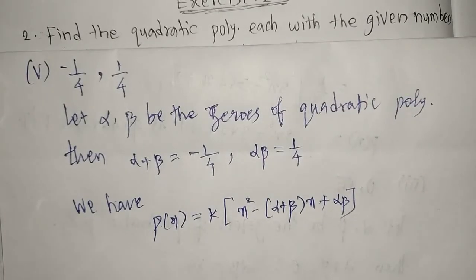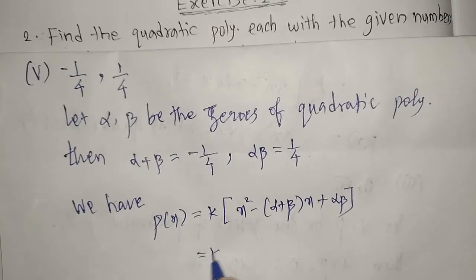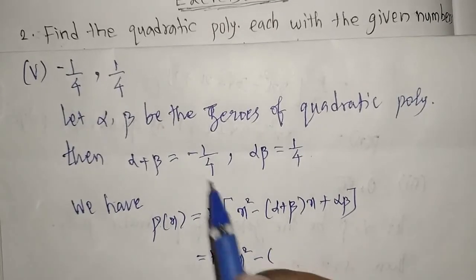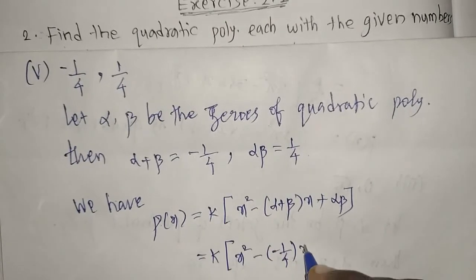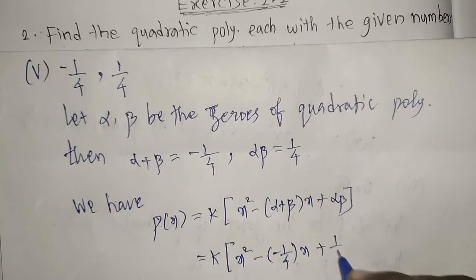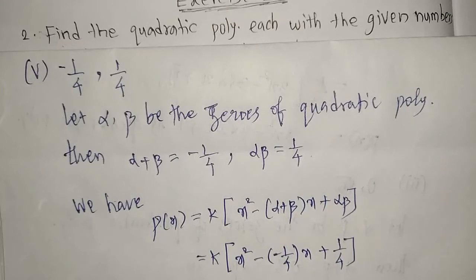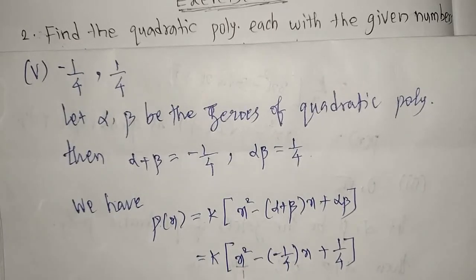This is one of the important ones, so please listen and substitute the alpha plus beta value: minus of alpha plus beta, which is equal to minus 1 by 4. So minus 1 by 4 into x plus alpha into beta, which is plus 1 by 4. Okay, now we have to take the LCM for these values, and the coefficient of x square is nothing, so I'm taking it as 1.